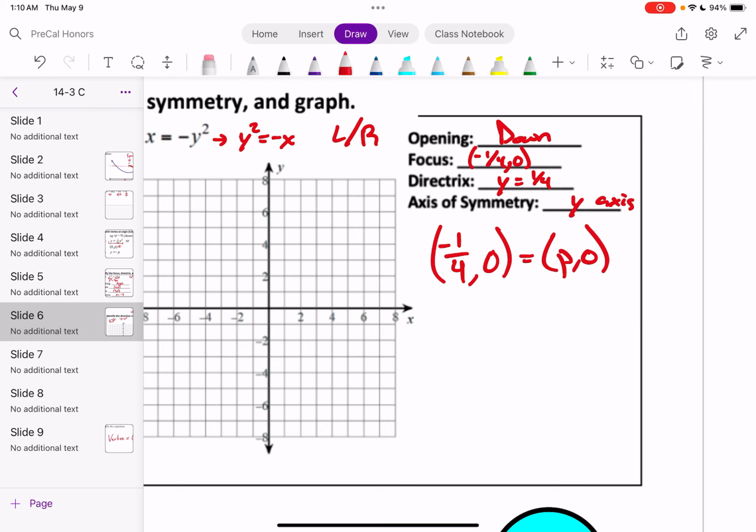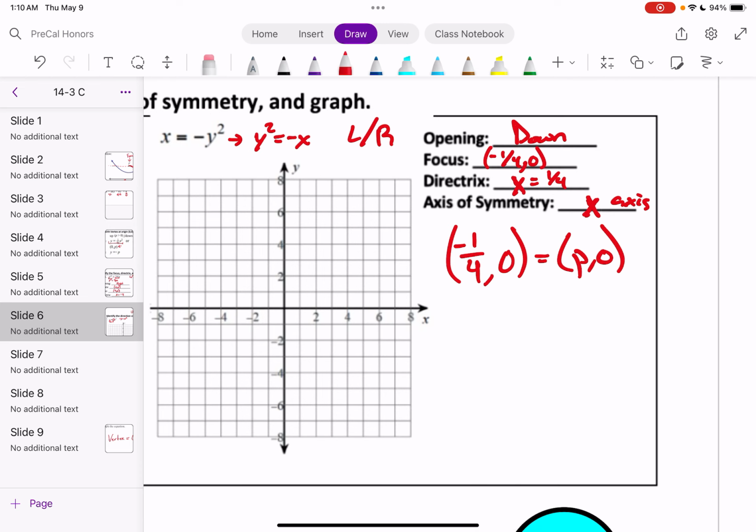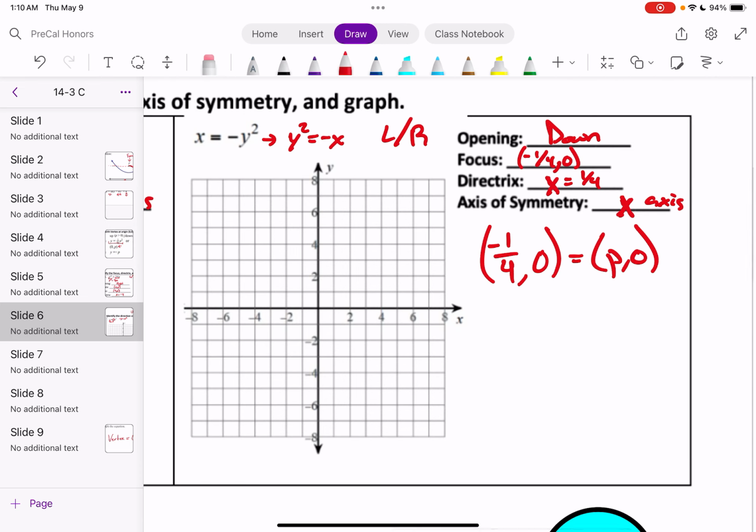Correction. In this problem, our directrix is not going to be on the y. This is going to be on the x. And the same thing would go for the axis of symmetry. It would be on the x, not on the y-axis. Because we have our equation here, notice the vertex would be off of our 0, 0.